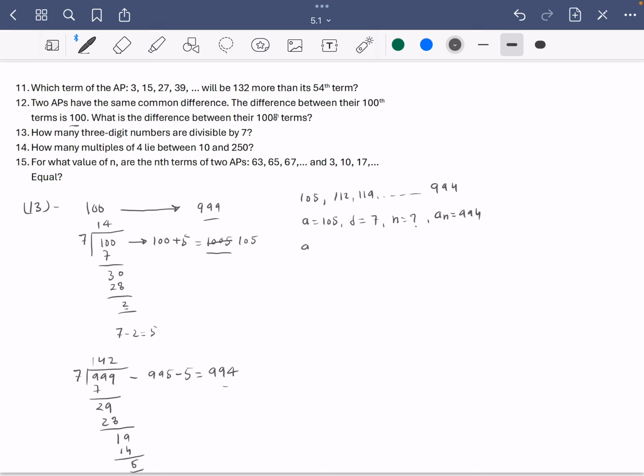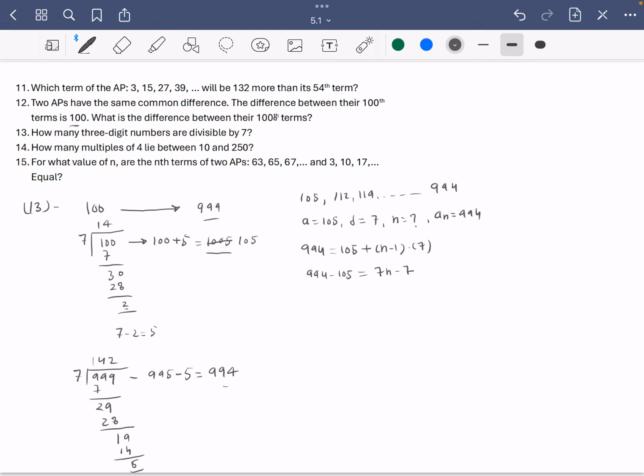It's going to be 994 equals 105 plus n minus 1, times 7. 994 minus 105 is going to be 7n minus 7.